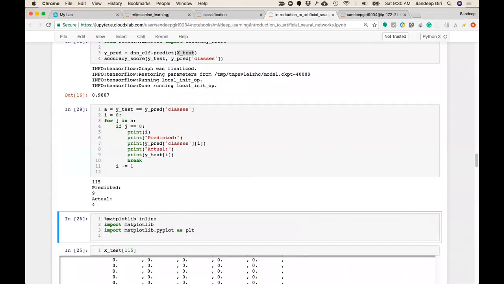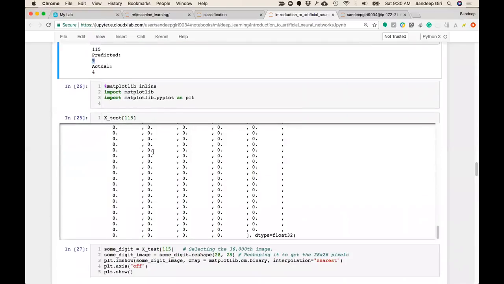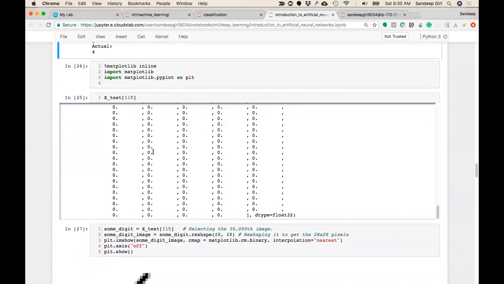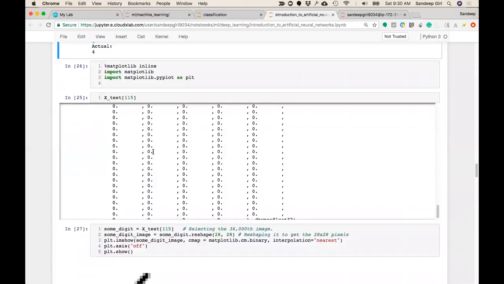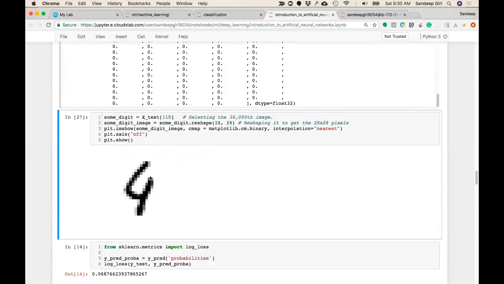Okay. So actual was 4 and predicted was 9. So this value is being predicted as 9 instead of 4. It's not wrong actually. Basically, it's considering this to be like 9.